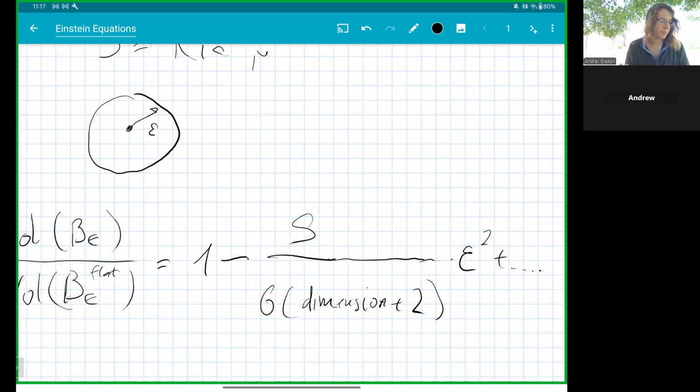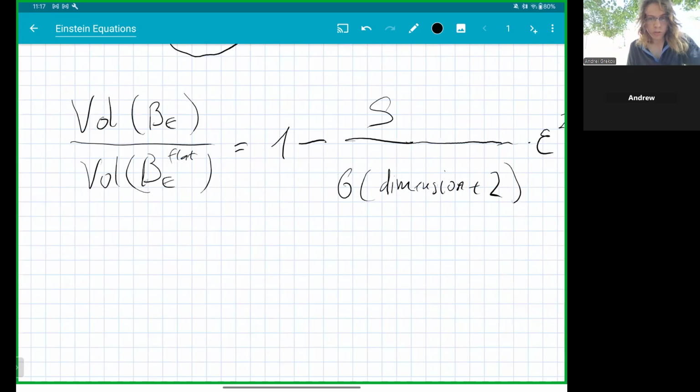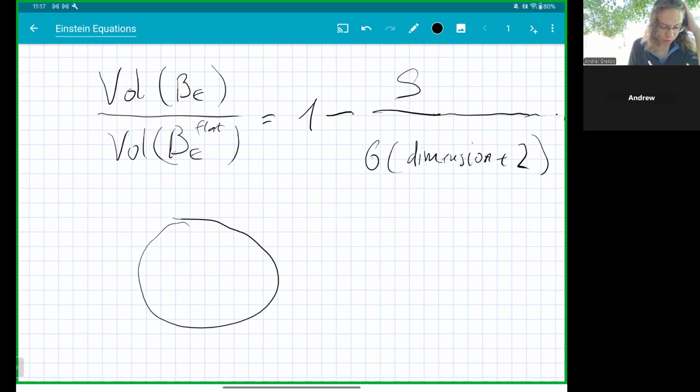As an example, I could show you how this calculation works on, say, a two-dimensional sphere. We have a sphere with coordinates theta, phi, and we want to calculate this area, right? The volume on a sphere is the area. So this distance is equal to r theta, which is our epsilon.